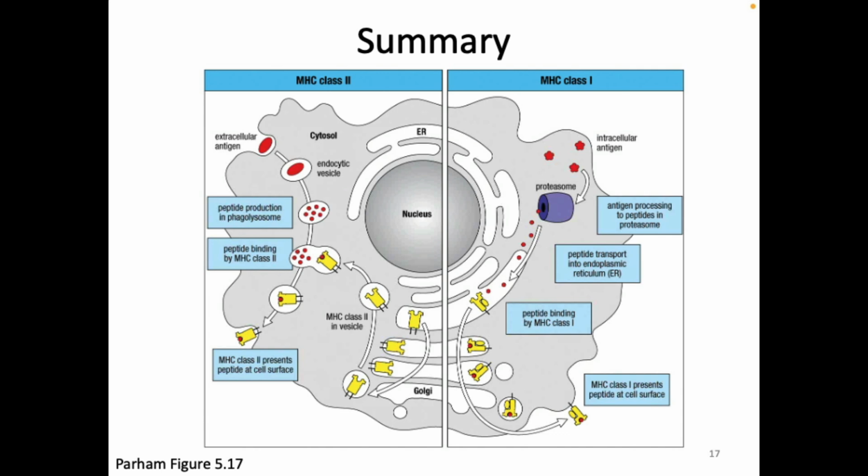In reality, viral antigens are also presented on class 2 through some processes that I'm not going to get to here, but viruses actually can be presented on both. Usually if I ask you about a virus on a question, I mean class 1. Bacteria, we sometimes will only see on class 2. There are some bacteria that will end up in the cytoplasm, and if those bacteria end up in the cytoplasm, then they can get some of their antigens presented on class 1 as well.